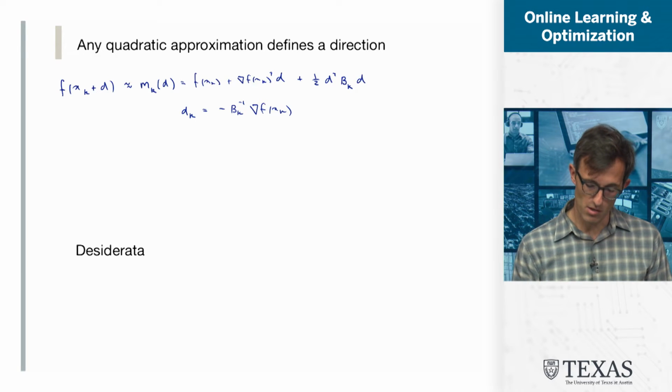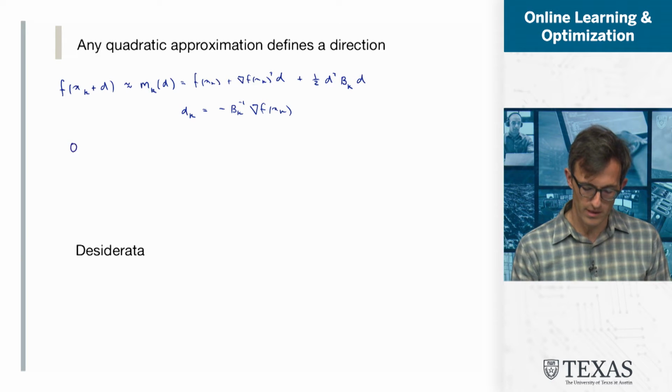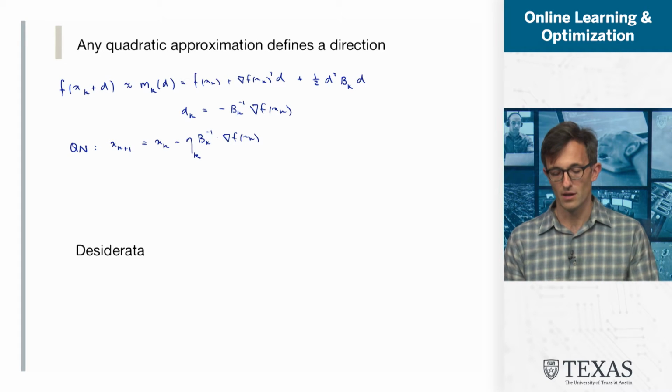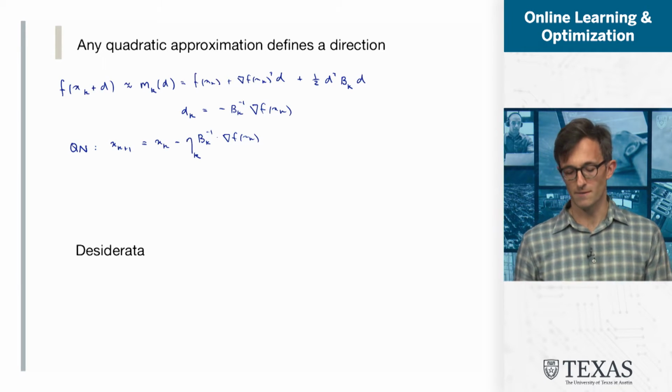So our quasi-Newton method, derived by this starting point, any quasi-Newton method would say that x_{k+1} is equal to x_k minus eta times B_k inverse times the gradient of f of x_k. I'm going to allow my step size to depend on the iteration.